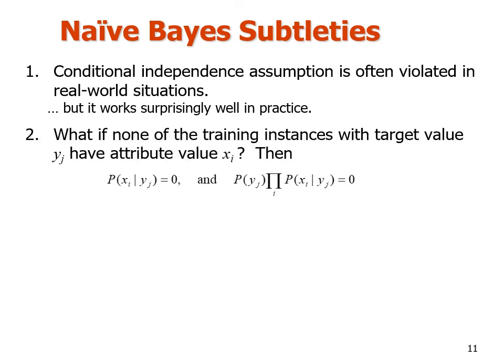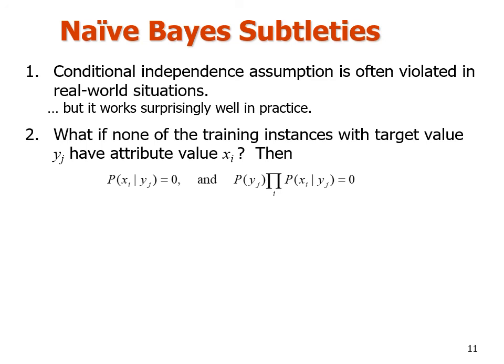The second point is related to estimating probabilities. Up to this point, we have estimated probabilities by the fraction of times the event is observed to occur over the total number of opportunities. While this fraction or the estimate provides a good estimate of the probability in many cases, it provides poor estimates when nc is 0 or very small.